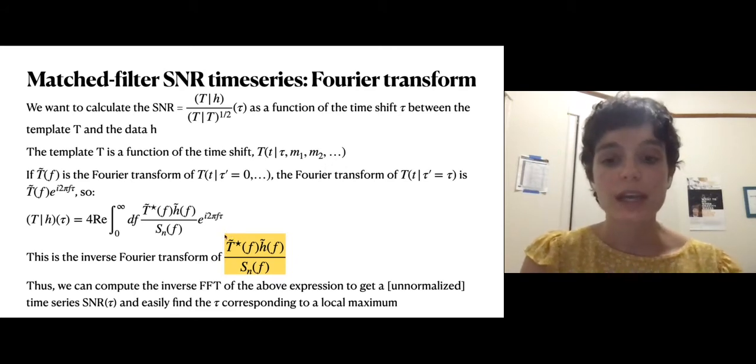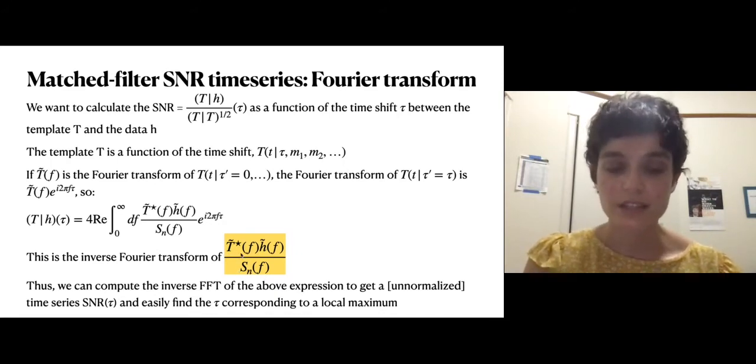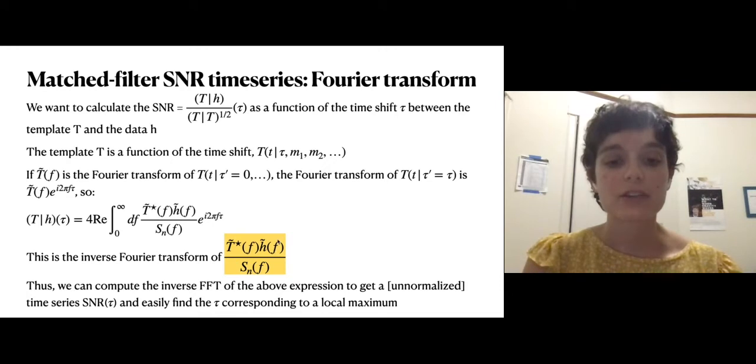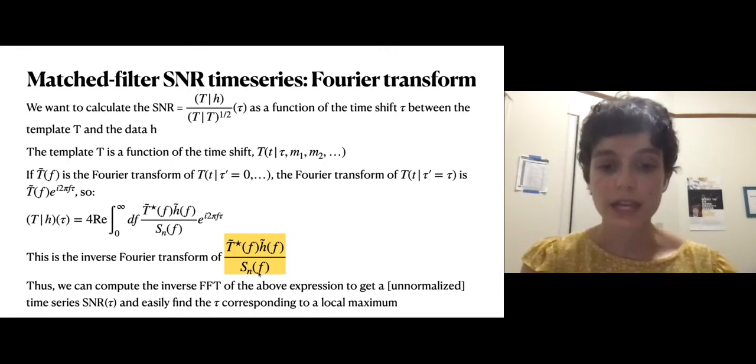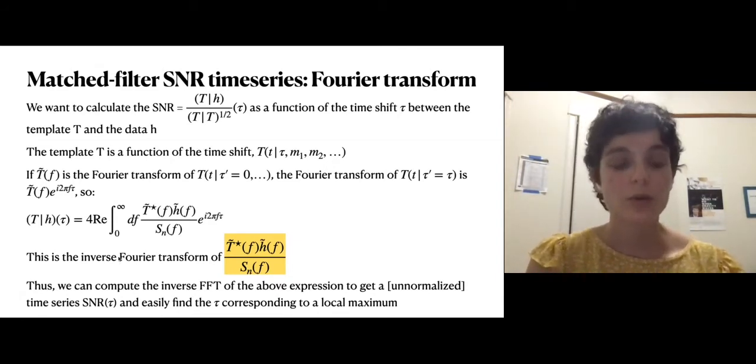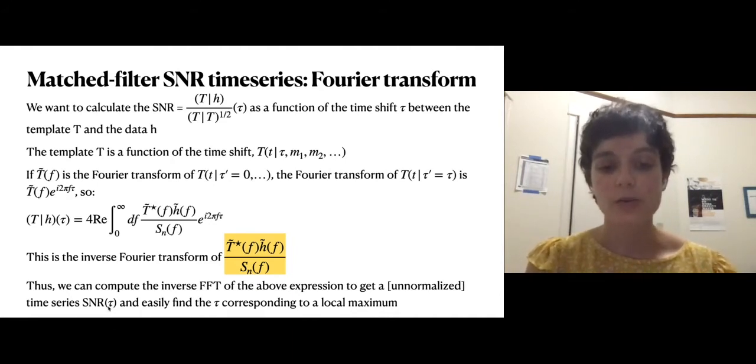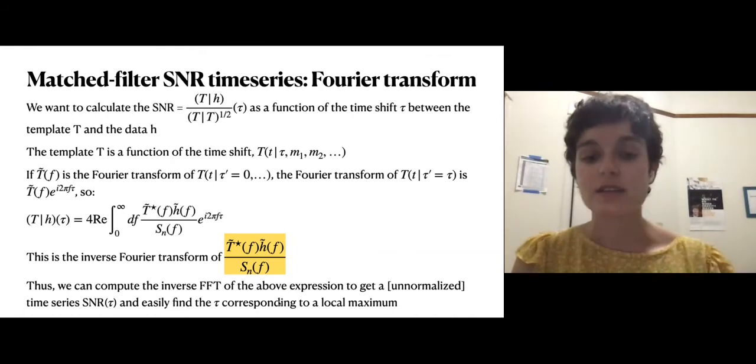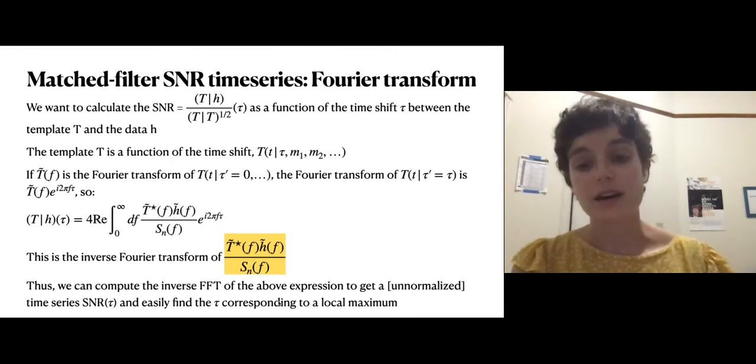All we have to do is compute this, just for our template, our data stream, and the noise power spectral density that describes our data. And from that, we can take the inverse Fourier transform, which we can do as an inverse FFT, get the time series SNR as a function of the time lag tau, and easily find this tau, this time shift that corresponds to a local maximum. And if it's above some threshold, that is our trigger.